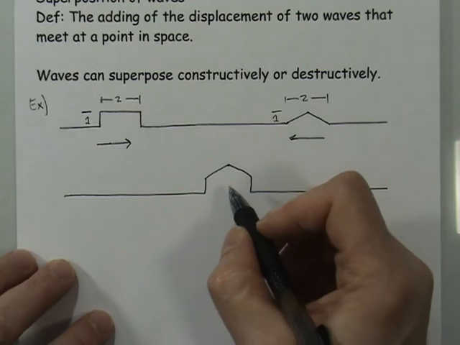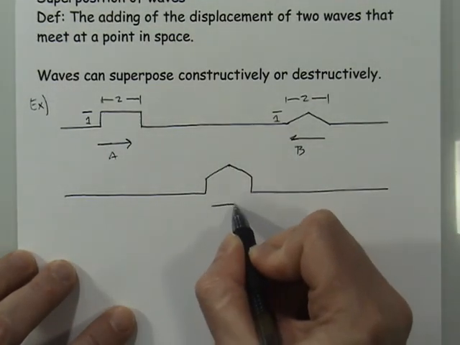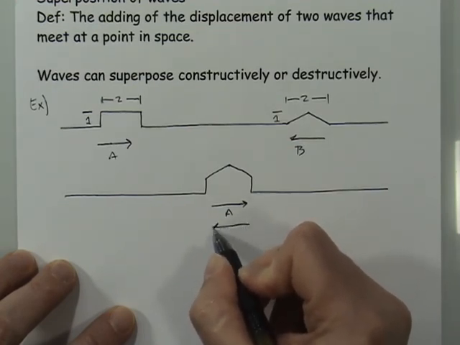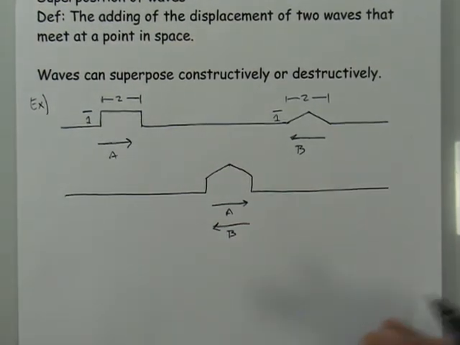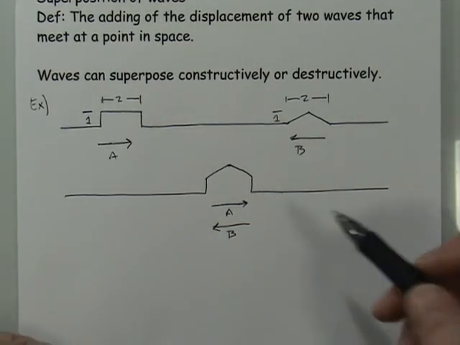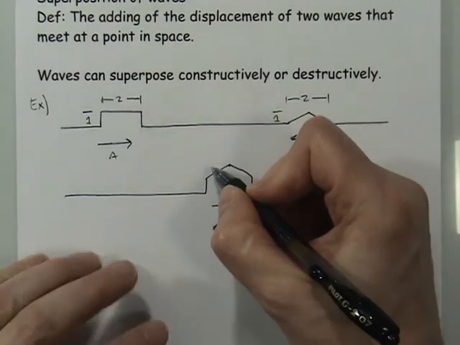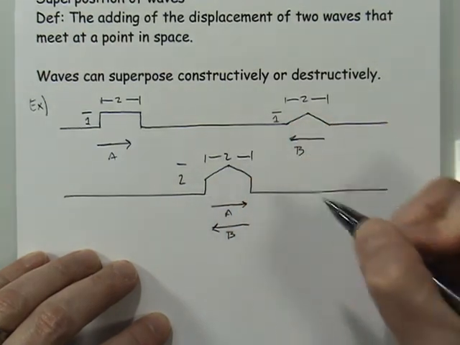And so at this point, we have wave A and wave B. Wave A is still continuing to travel in this direction, and wave B is still continuing to travel in this direction. So what's going to happen after they pass? When they reach this point, the wave suddenly gets really big. It gets a height of 2 here in the middle, and still has a width of 2.